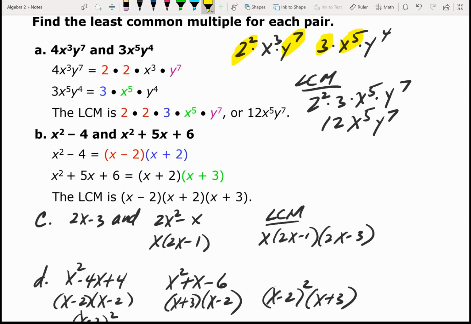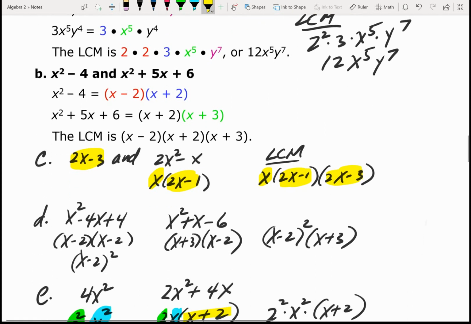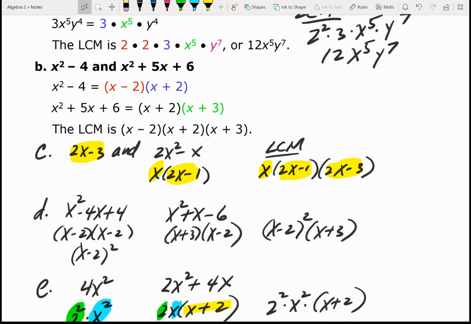So my least common multiple has to include all the factors. I need the x, the 2x minus 1, and the 2x minus 3. That would be my least common multiple.